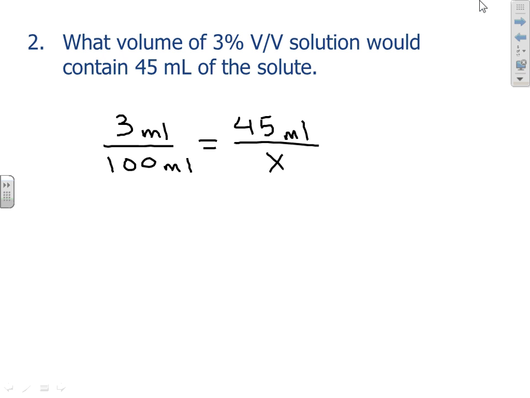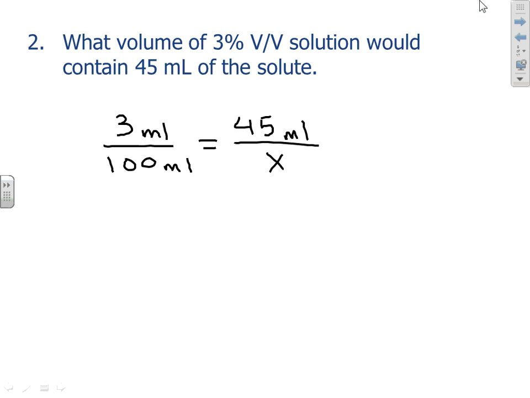Now, in this room, I guarantee that we have some people that are very mathematically inclined, and they're flying through that equation right now. Those of us who are less mathematically inclined, when we have the X on the bottom, we notoriously get the wrong answer because we have to actually bring the X to the top in order to get the right answer.